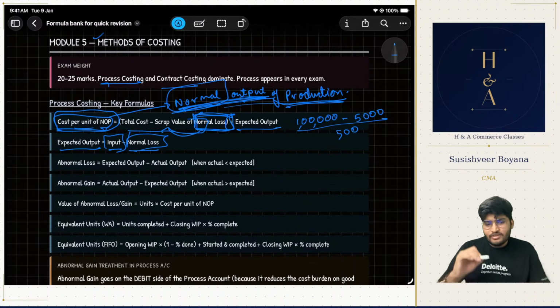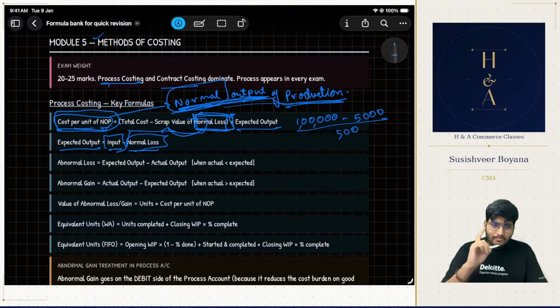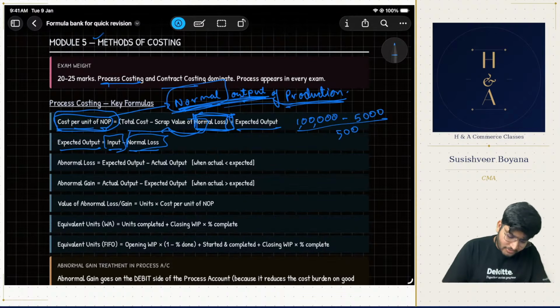Once I've included normal loss in the expected output, any excess loss, or actual being less than expected output, is always going to be an abnormal loss. For example, I've put in 1,000 units of material and I expected 100.